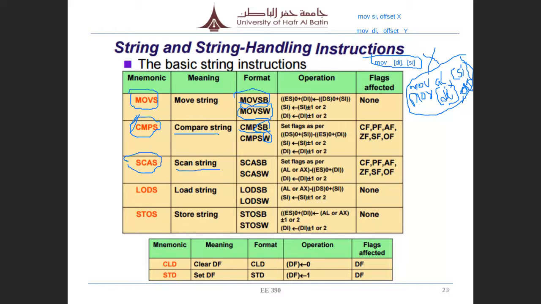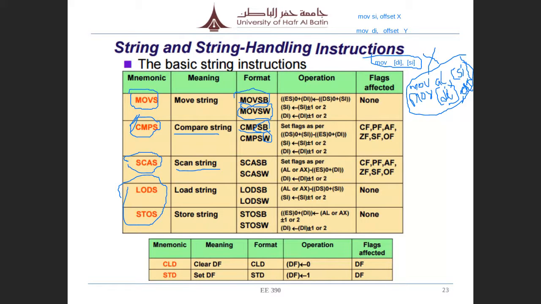Also here we can do it as a byte or as a word. These two are quite similar, but they have differences. We'll see it. And these two also have a similar type of operation and application, but they have differences.